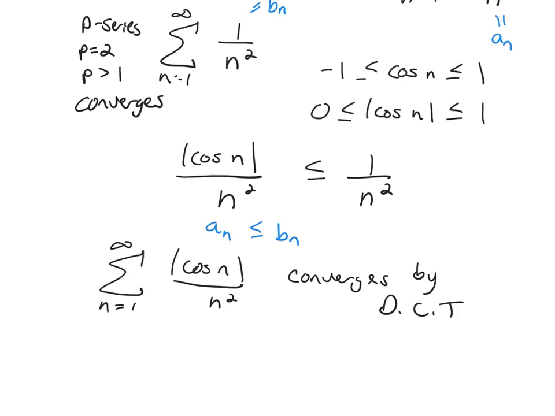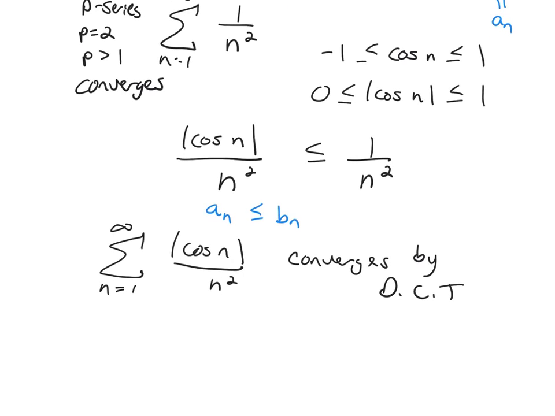So when I took absolute values, it converged, which means my original series, cosine of n over n squared, is absolutely convergent.